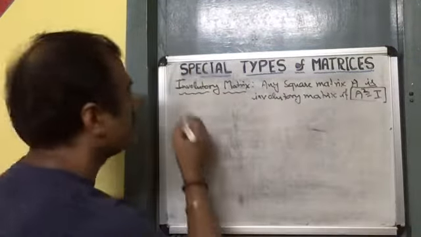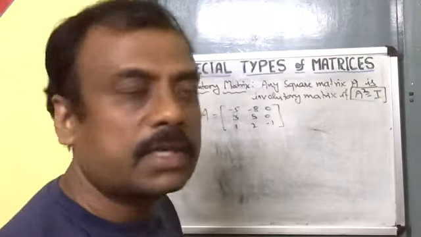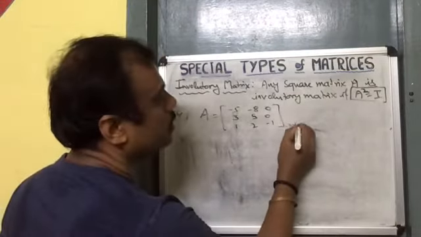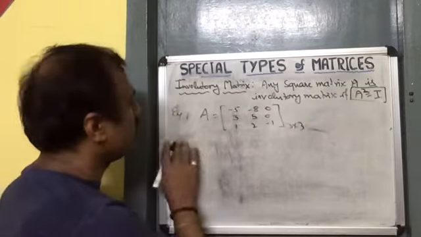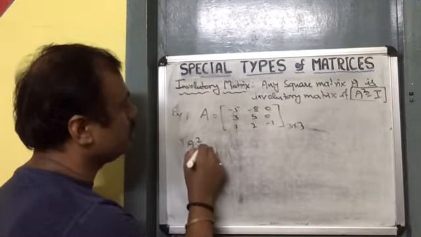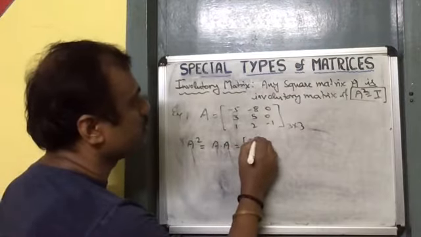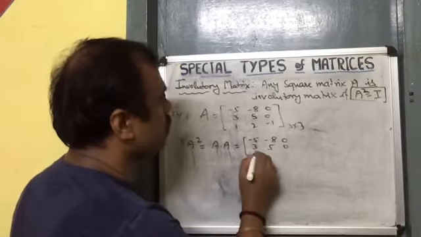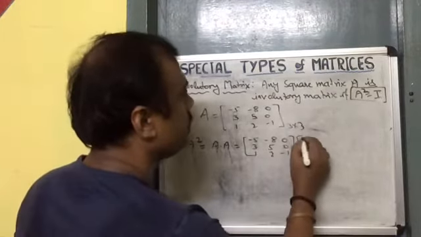For example, let us discuss this matrix with the help of an example. I have taken this example of order 3 cross 3. So A is this. Now let us find out A square. A square is A into A: minus 5 minus 8 0, 3 5 0, 1 2 minus 1 multiplied by itself.